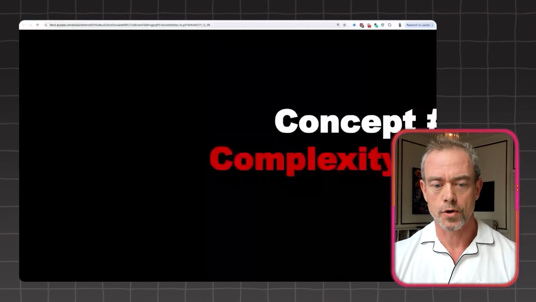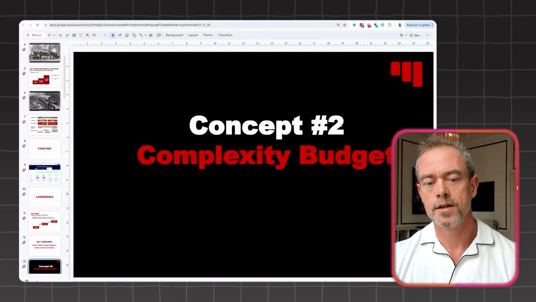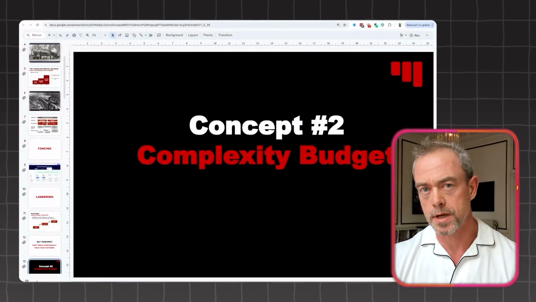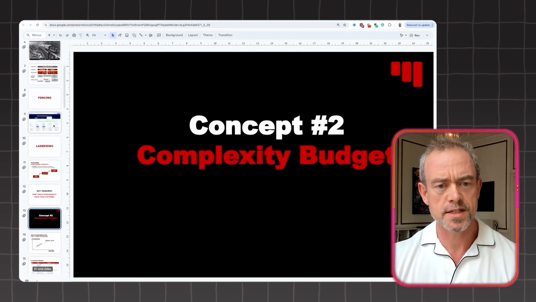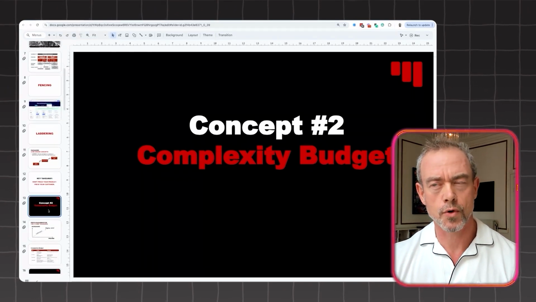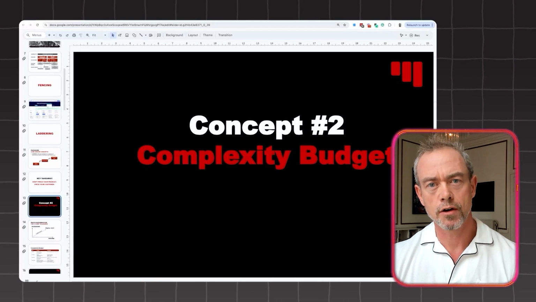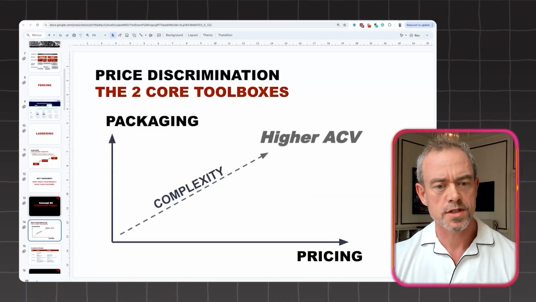If you sell something for 10K, you need a very simple tiered model, maybe 1 or 2 add-ons, and maybe services, but maybe not. So the complexity budget is something that we solve for in order to make the solution heavy enough, but not too heavy. Concept number 3.